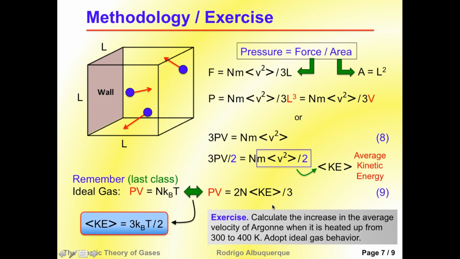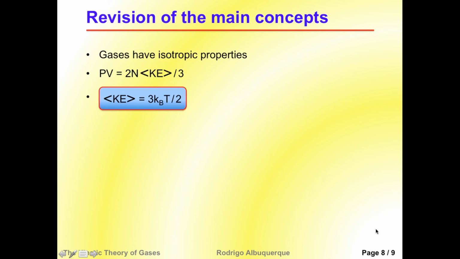Now we can make an exercise. Let's calculate the increase in the average velocity of argon when it's heated up from 300 to 400 Kelvin. Adopt ideal gas behavior. We can discuss this exercise in the next lesson. Let's revise the main concepts.